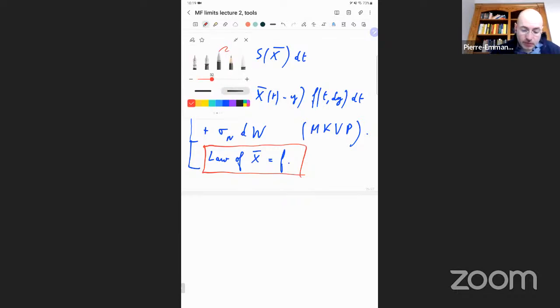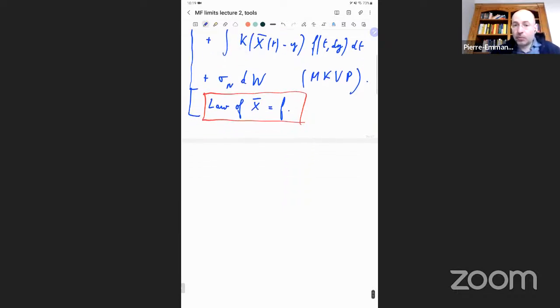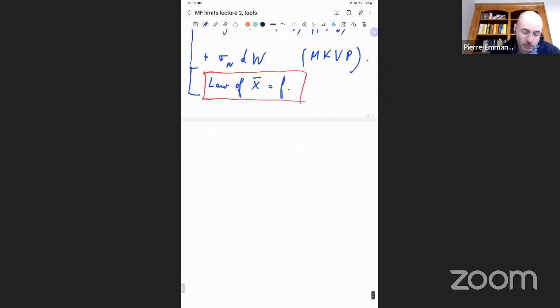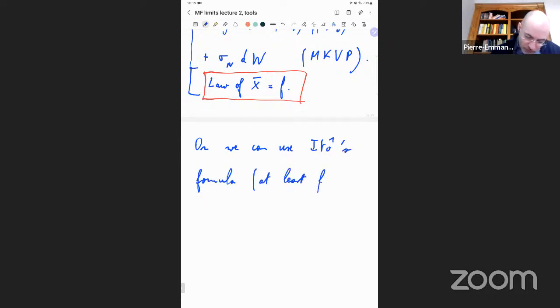But if you're more comfortable solving PDE, out of that I can get a PDE. I can use Ito's formula, at least formally, to deduce a PDE.